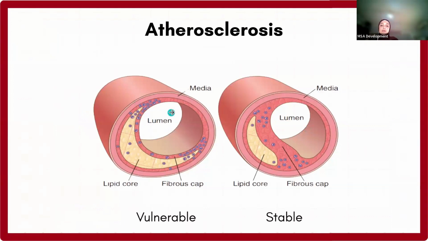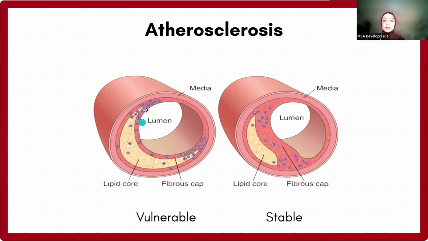atherosclerosis. Now, one of the things that can be a further classification in terms of the fibrous cap, it can either be a vulnerable fibrous cap or a stable fibrous cap, or vulnerable atherosclerosis and or stable atherosclerosis. Why is it vulnerable and why is it stable? In this type, the fibrous cap, which as I said is the smooth muscle layer over here, is really thin.